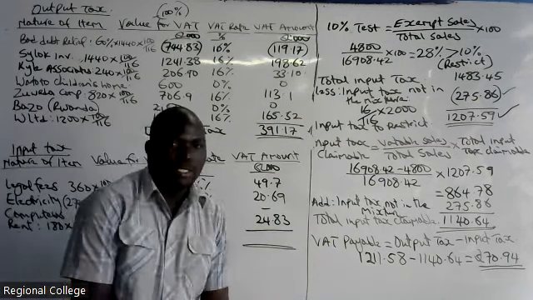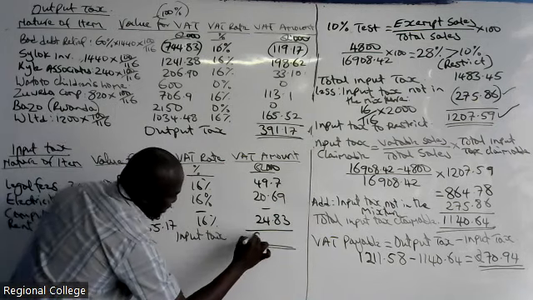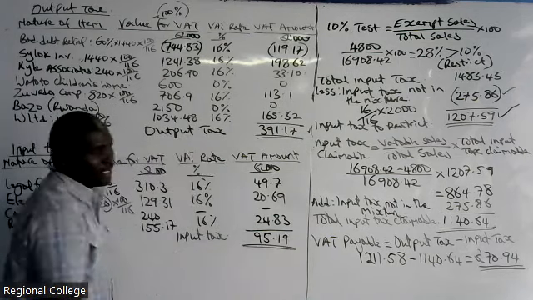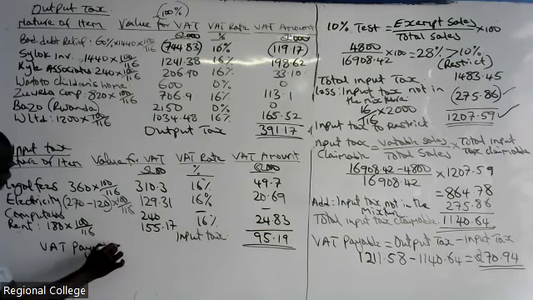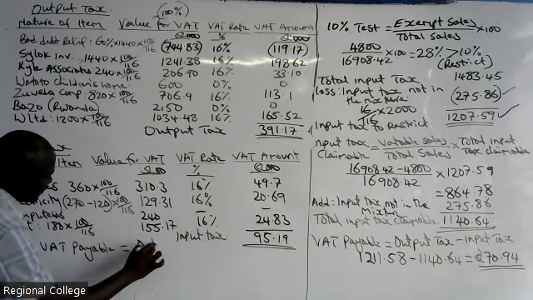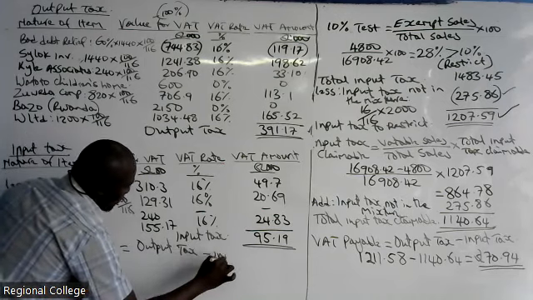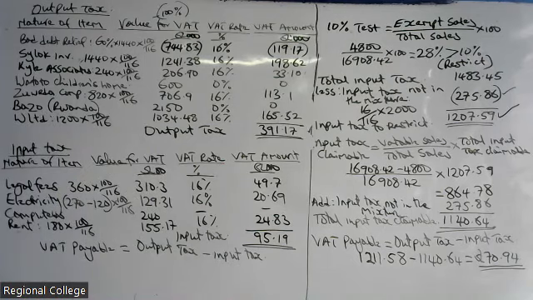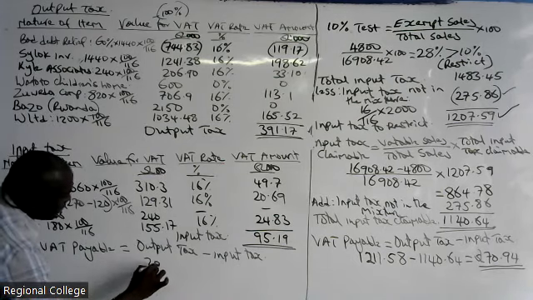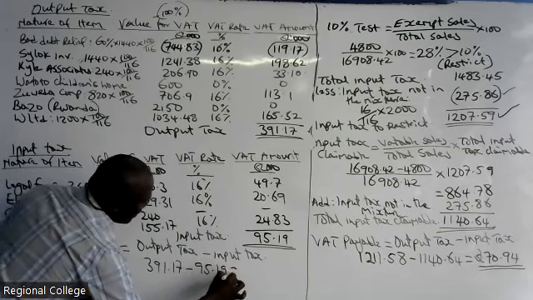Now here are the inputs: 95.19. So our VAT payable becomes output tax minus input tax: 391.17 minus 95.19.